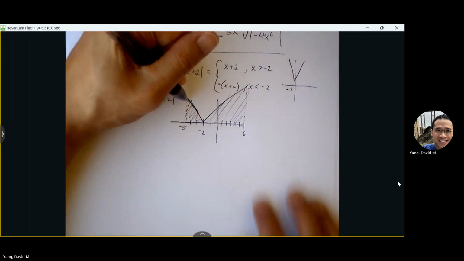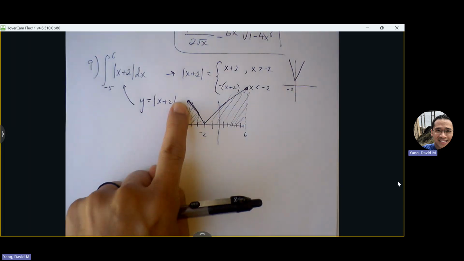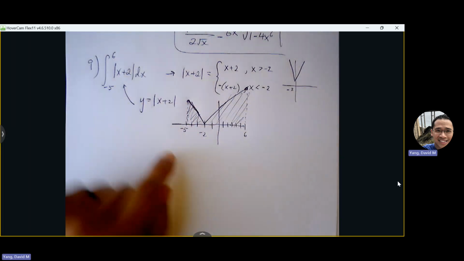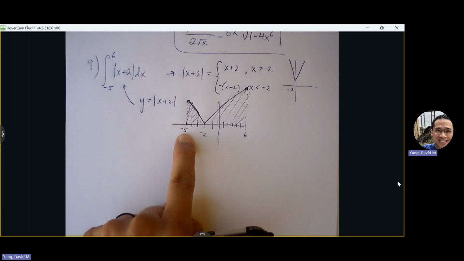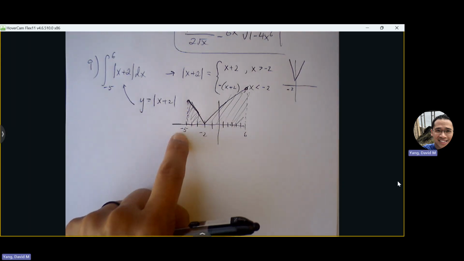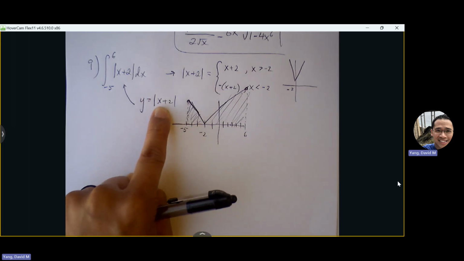So how do I find the y values at these points, which will represent the heights of my triangles? I can just plug negative 5 into the function. Anytime I'm looking for a y value, I can just insert into the function. If I plug negative 5 in for x, what am I going to get for y?